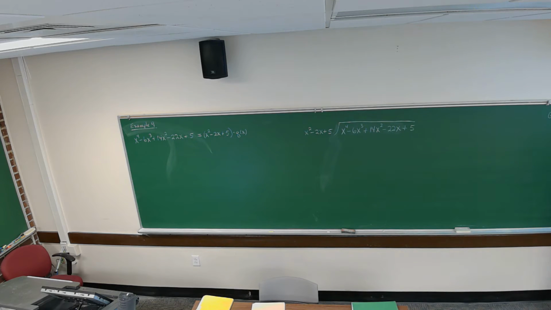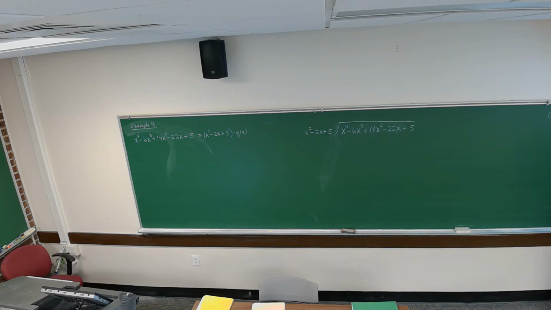And we had come down to this point right here where x squared minus 2x plus 5 is a factor. And so this fourth degree polynomial is equal to x squared minus 2x plus 5 times an unknown quotient, which is also going to be a quadratic.